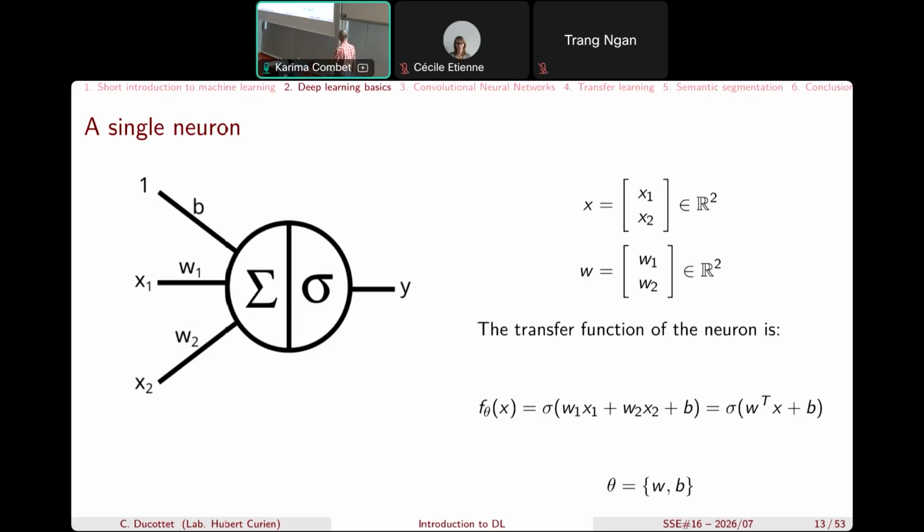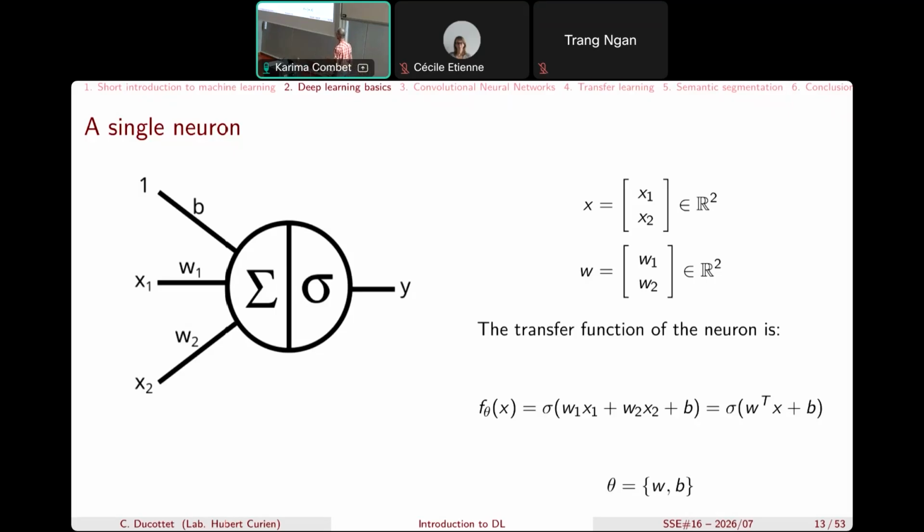So the output of the neuron is a function f, which takes as input x, the vector of inputs, and has some parameters, which are W, the set of W coefficients, and the bias B. So this is equivalent to what we had before with the polynomial, where the coefficients of the polynomial were our parameters.